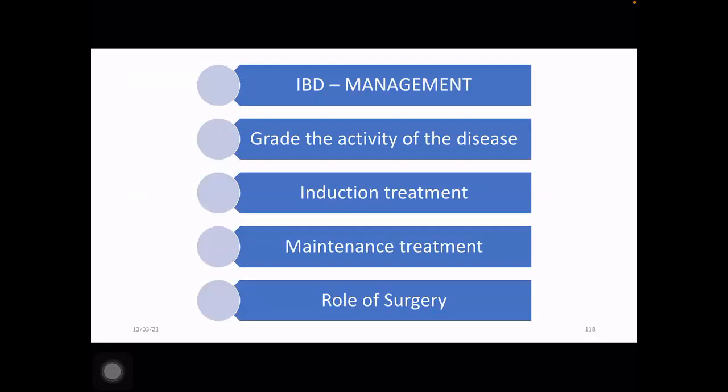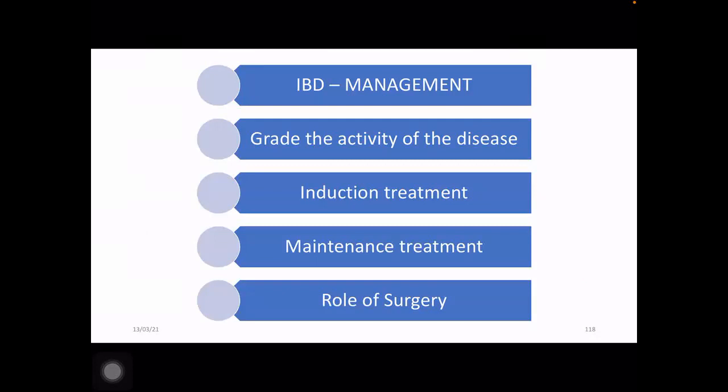So what is the management of IBD? In short, the broad concept is that first you do a scopy and grade the disease, or an imaging. For ulcerative colitis, you can do a colonoscopy. For Crohn's disease, with small bowel involvement, you might have to do an MR enteroclysis to grade the activity of the disease.